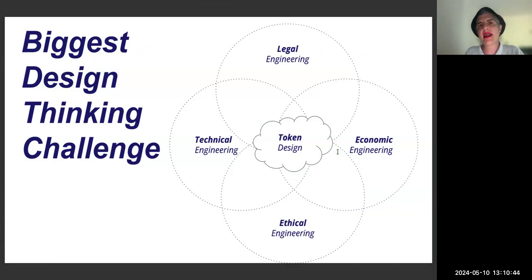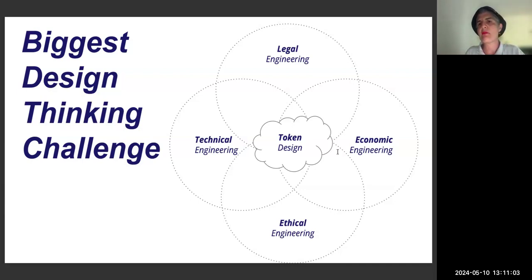This is why I started working on a framework that could be used as a step-by-step process to help us untangle the important questions we have when we set out to design token systems.